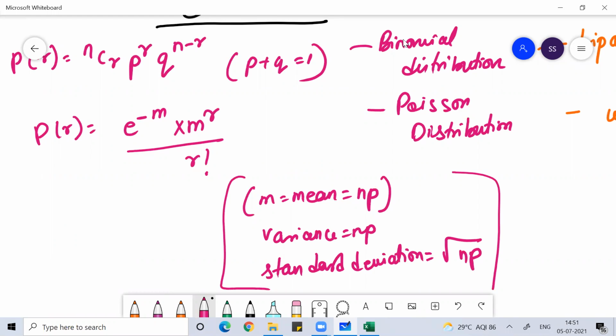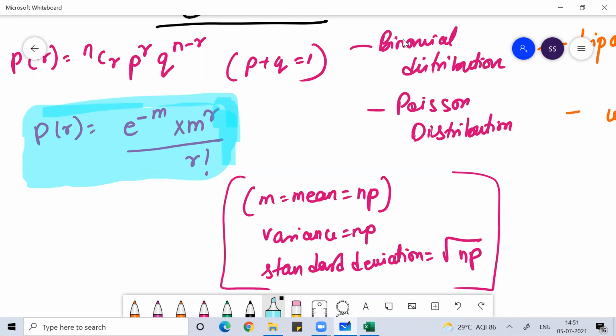This is the Poisson distribution. Remember this formula. This is the formula of probability distribution in the case of Poisson distribution.